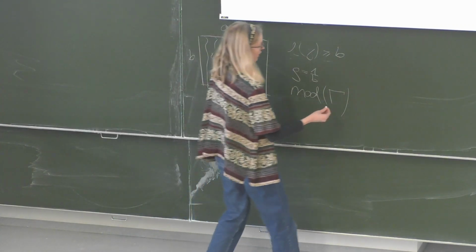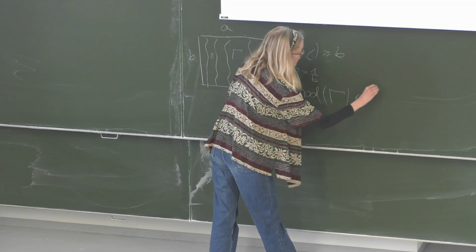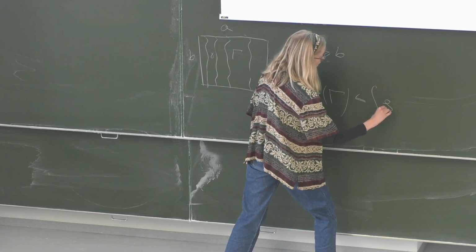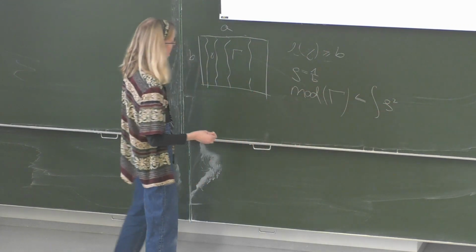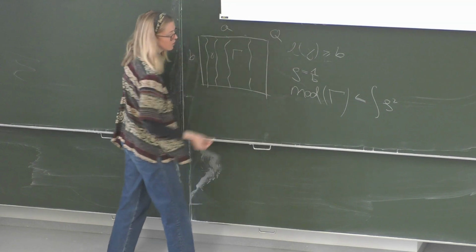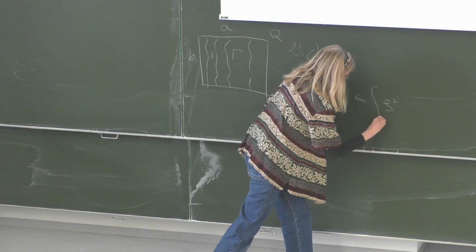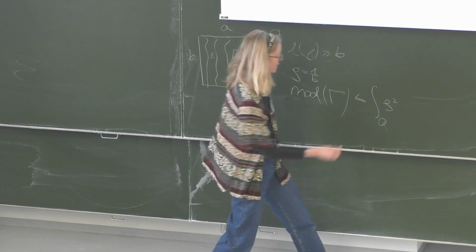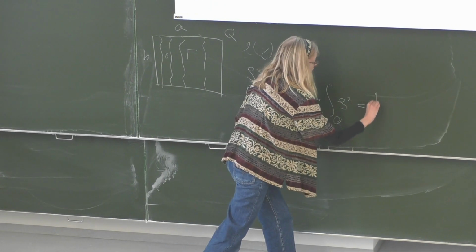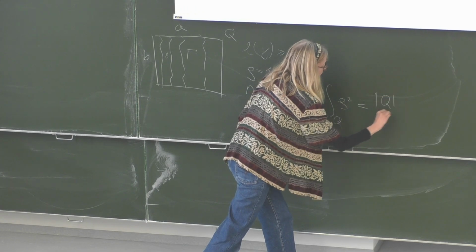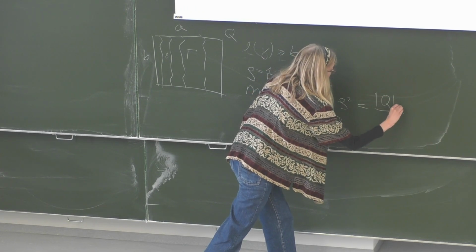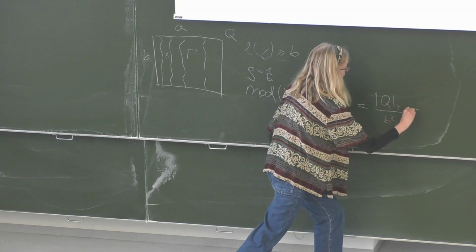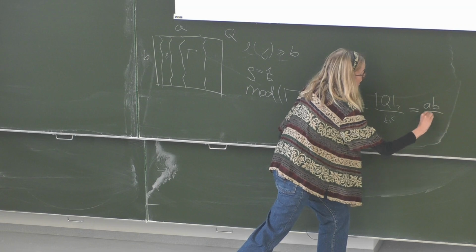Now, because it's an infimum, it's less than or equal to integrating this rho squared over, let's call this Q, over Q. And that's just the area of Q divided by B squared, which is A times B divided by B squared.